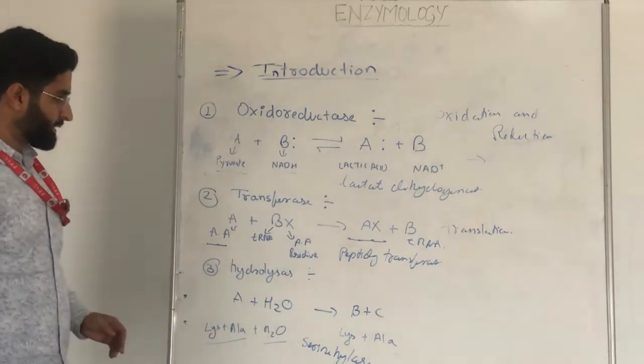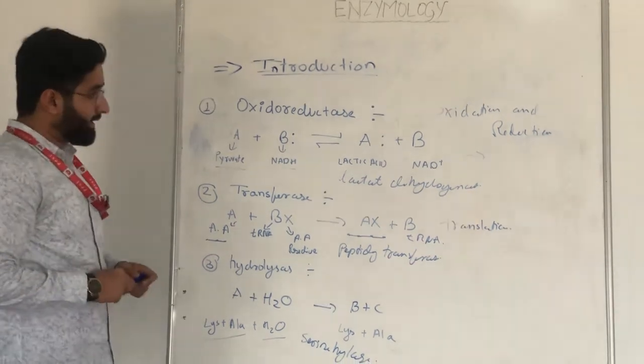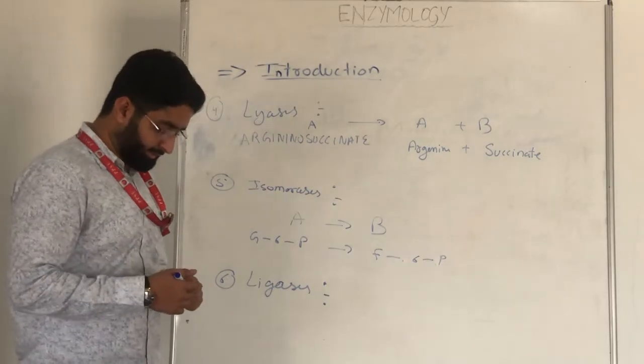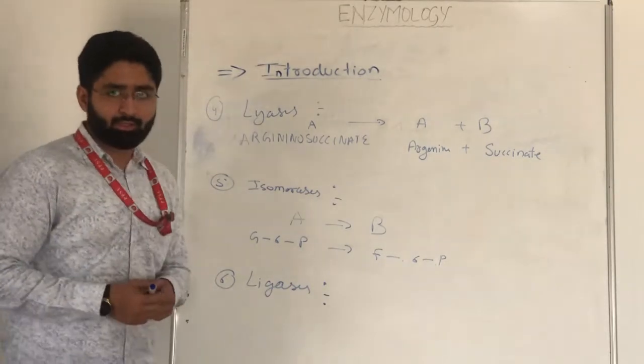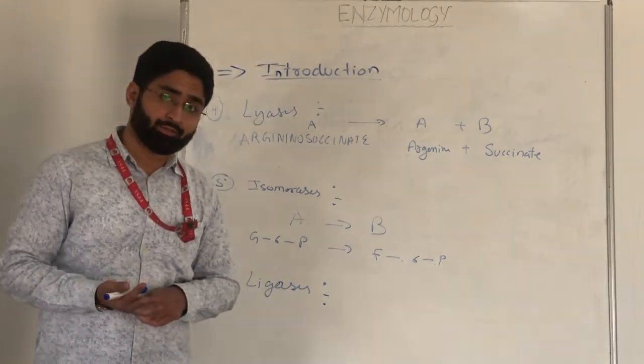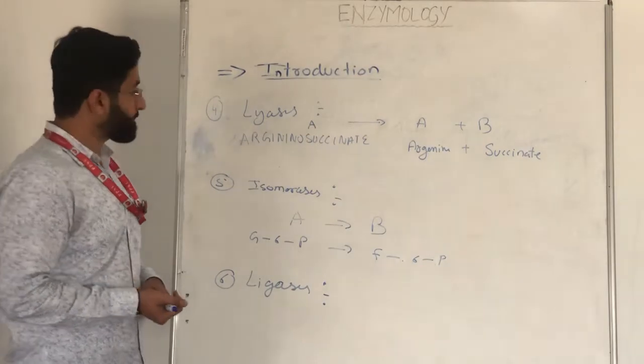So these are the three, OTH, okay, and now let us move further. So now let us understand the rest three, since we have seen oxidoreductase, transferase and hydrolase. Now let us see lyases, isomerases and ligases.